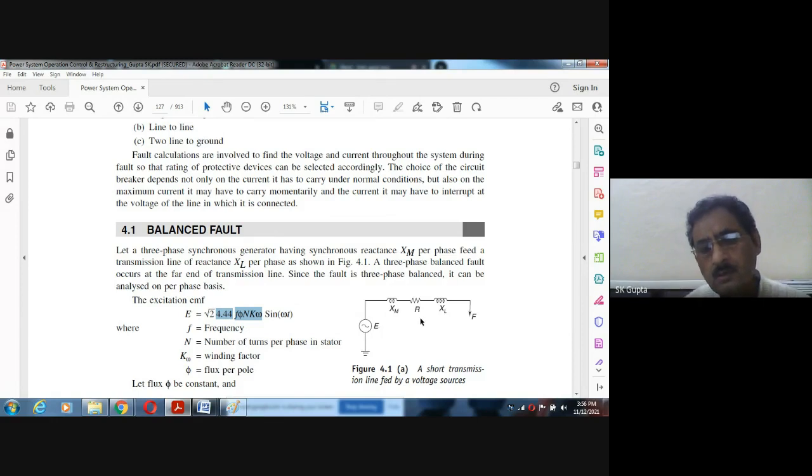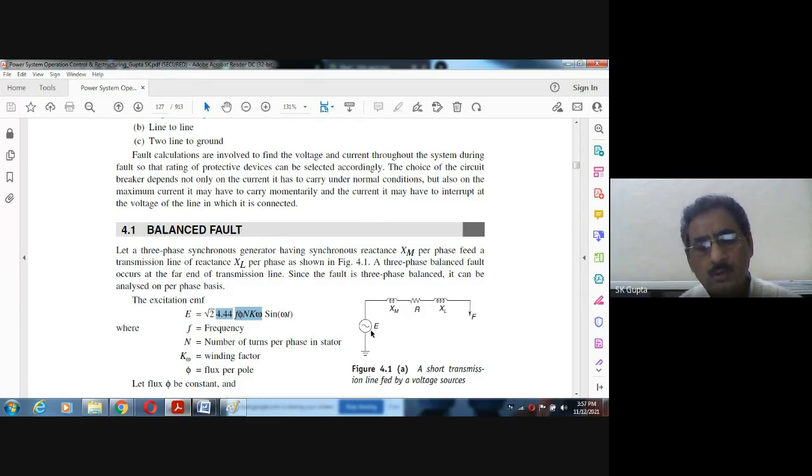And now, when the fault occurs, first of all we will find the RMS value of the current. There are two types of current: one is the steady state current, another is the transient current. For the steady state current, since voltage is a sinusoidal signal, current will also be a sinusoidal signal.